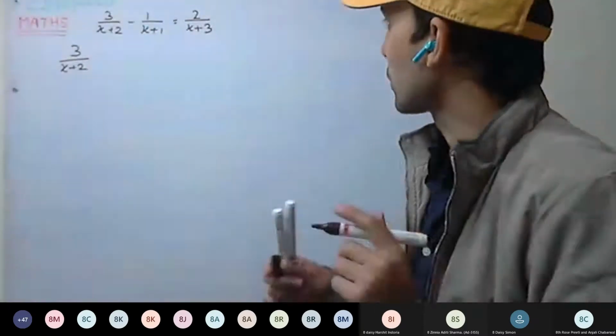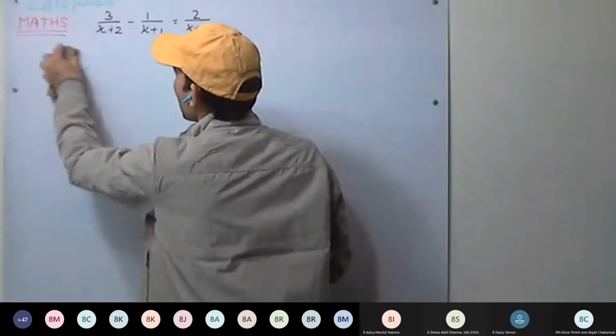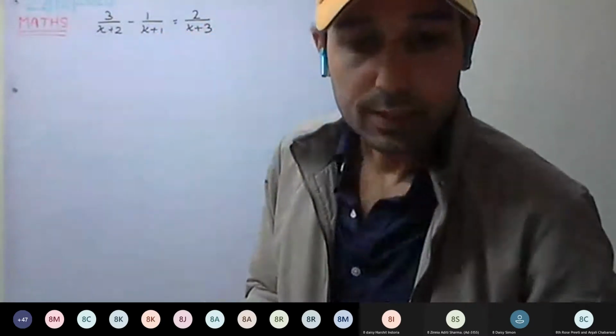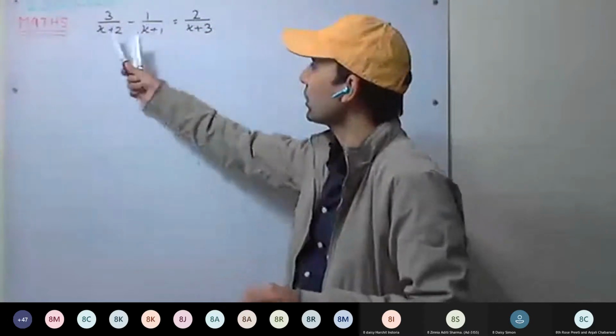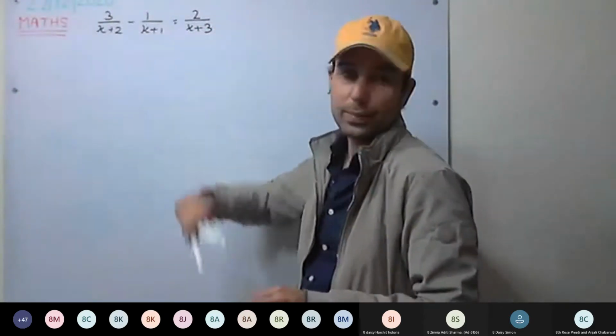Okay, again, can we cross multiply simply? We can't cross multiply because on the right hand side, the second term is in subtracted form. So first we have to solve the subtraction here. So what will be the next step?